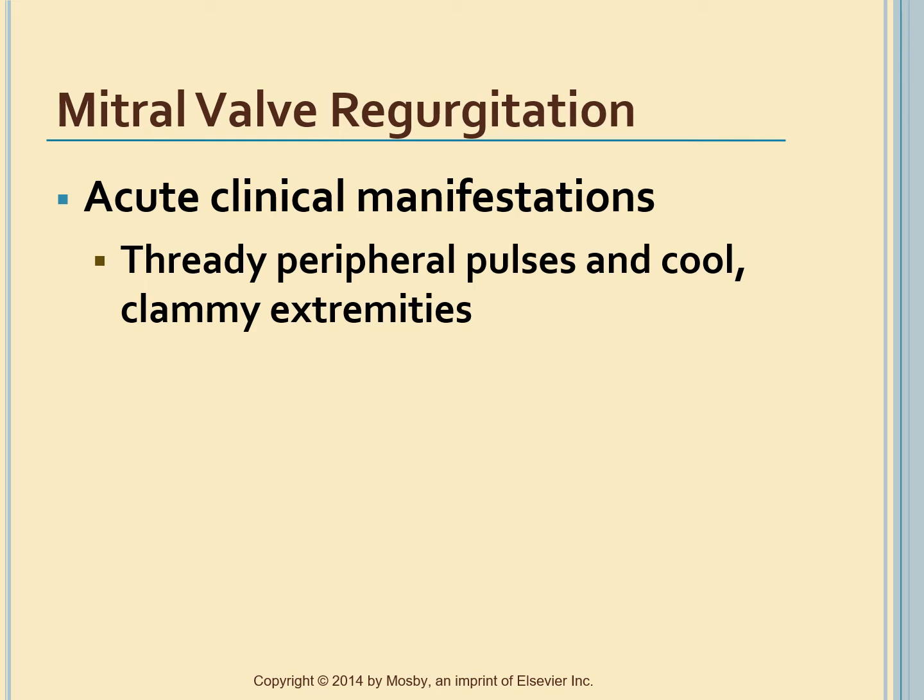So our symptoms, such as the thready peripheral pulses and clammy extremities, will be secondary to a low cardiac output. Many times patients with acute MR need a cardiac cath to repair the valves, and depending on the structures that are affected, it depends on whether they can just go to the cath lab and have repair of some of those valve structures, or if they'll need a valve replacement.